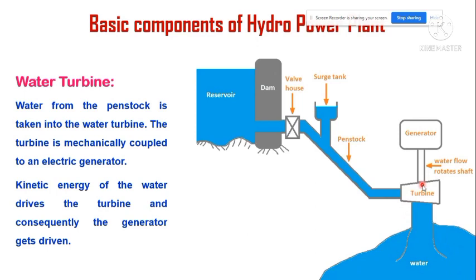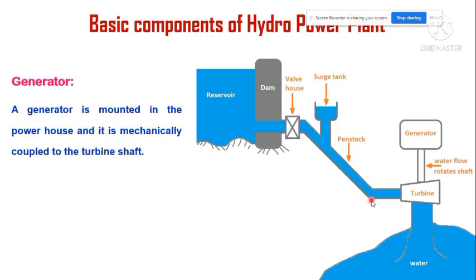As the kinetic energy is more, the mechanical power developed by this turbine is also more. The same mechanical energy is given as the input to the generator. After this conversion of the kinetic energy of water into the mechanical energy of the turbine, the water will flow out and be collected in the draft tube. After that, it passes through the river.